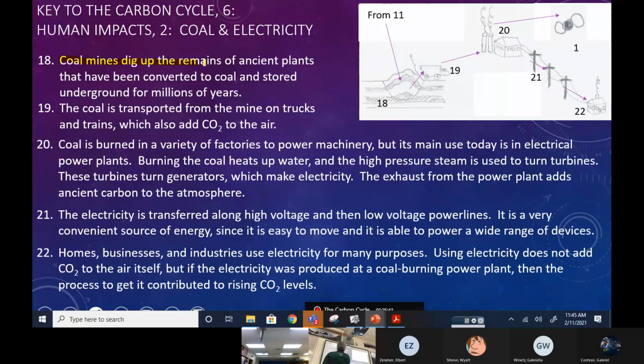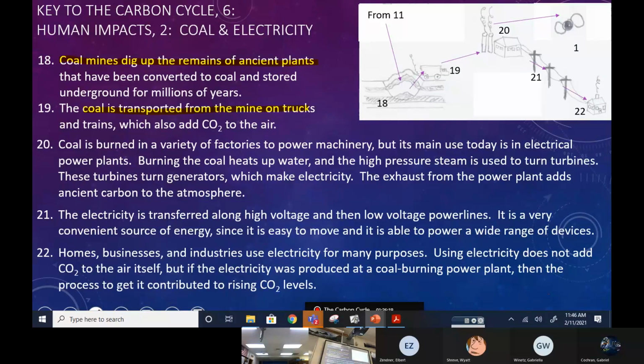So what's going to happen? Coal mines are going to dig up the remains of ancient plants. Those ancient plants, of course, were converted to coal, and that carbon was stored underground for even longer than the oil stored carbon underground. Maybe 200 million years that this coal was underground, maybe 400 million. Then coal is transported from the mine, sometimes in trucks, often in trains, because they need so much of it.